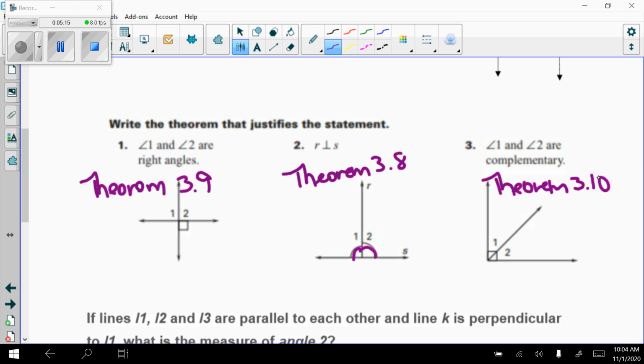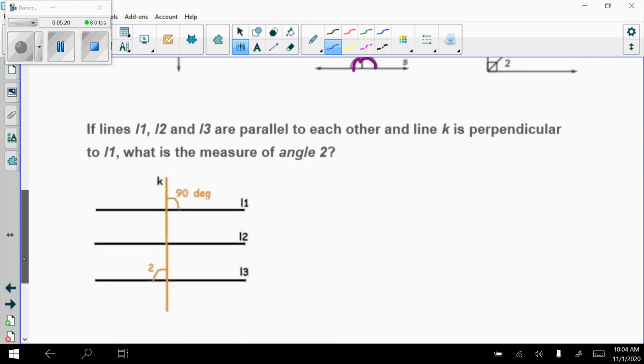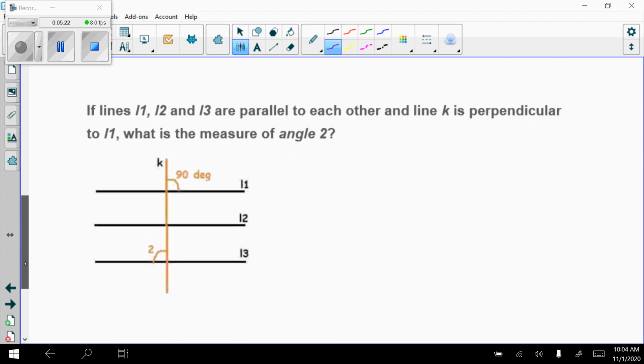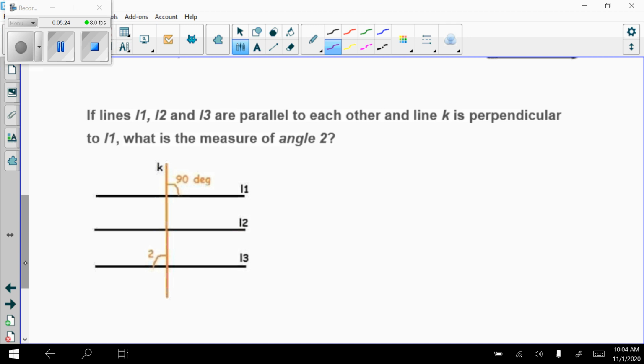All right, so now next set of examples. It says if lines L1, L2, and L3 are parallel to each other, so I can go ahead and put my arrows on all of those. And line K is perpendicular to line L1, so this is a box. What is the measure of angle 2?